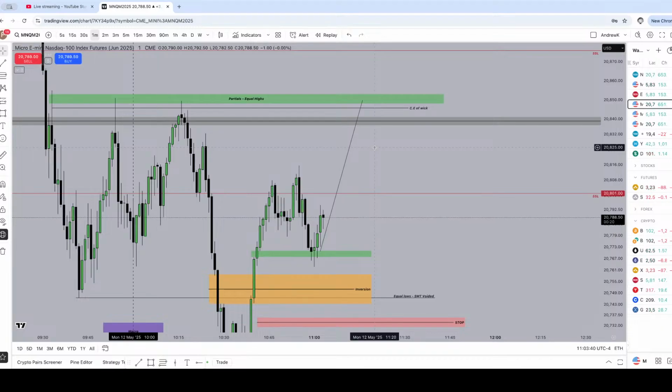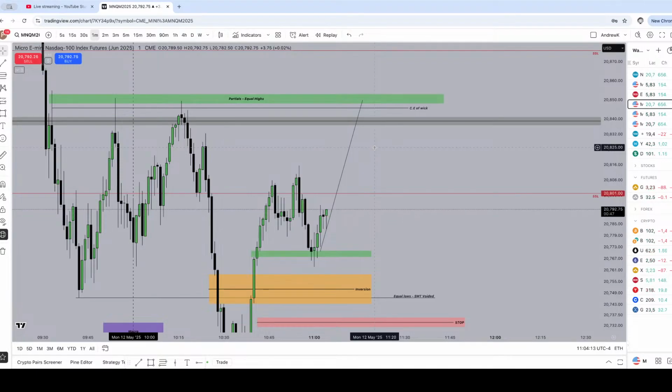It's getting a little wicky. A lot of people are short right now, so it'd be ideal to push into that liquidity there. If it falls below that low, that's it for me.